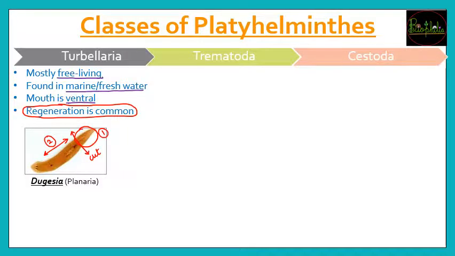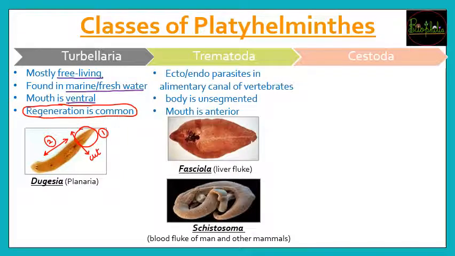So next about the class, that is Trematoda. Trematoda जो class है, that is going to have the parasites. So these parasites can be ecto or endo. Ecto है, that means they are going to stick to the outer epidermis. अगर endo होंगे तो generally they are going to be found in the digestive or the alimentary canal of the vertebrates.